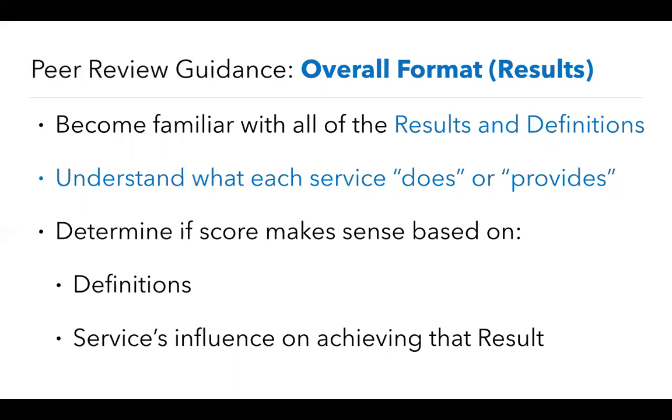But read through the service inventory and the service descriptions so that ahead of time you know what it is that you're going to be working with. It will help for you to be familiar with the result and the services before you go into that first meeting. As you begin to look at the template, determine if the score makes sense based on the definitions within your result area and that service's influence on achieving that result area.